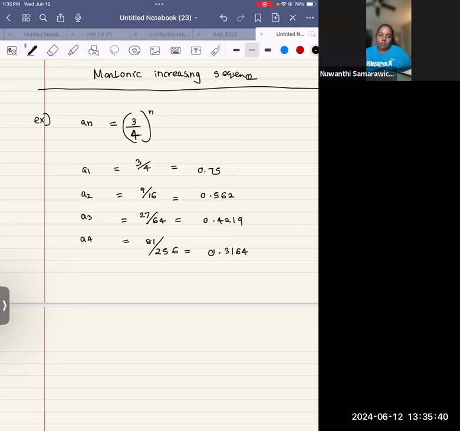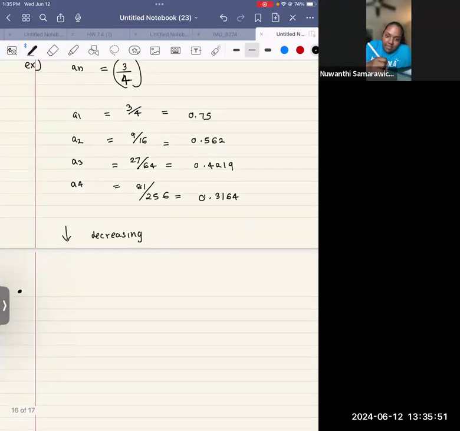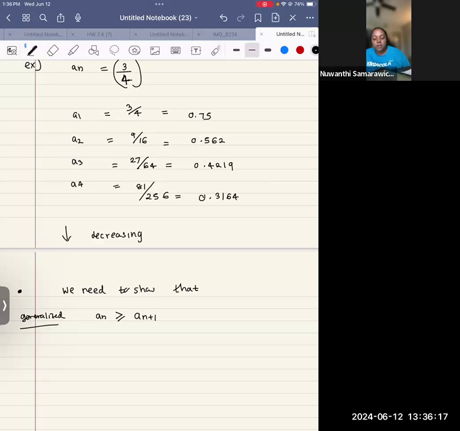So like the previous one, if it is decreasing, what you have to show, we need to show the generalized form: a sub n is greater than or equal to a sub n plus 1.